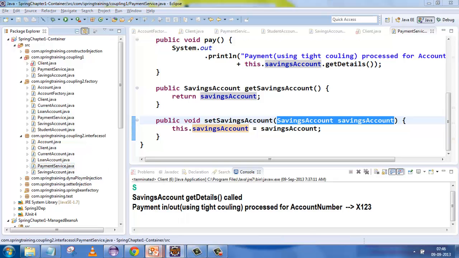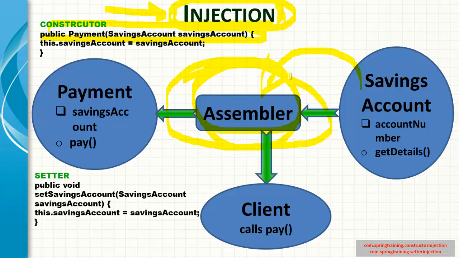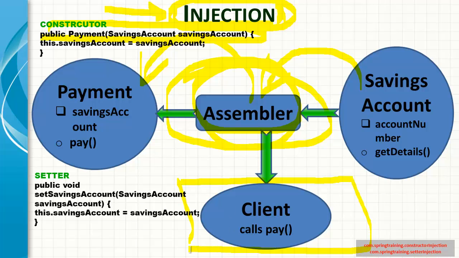And how do we do it? The way we do it is we introduce something called an assembler in between. The assembler creates the instance of the saving account and injects the saving account inside the payment so that payment does not have to pull it. The assembler manages the saving account and pushes it inside the payment. Also see this client is not instantiating payment directly.